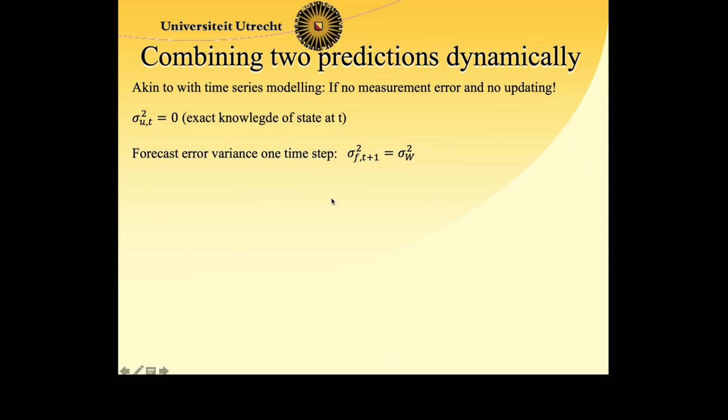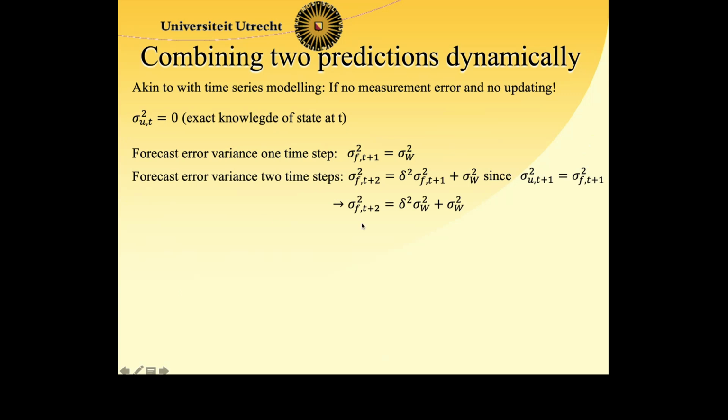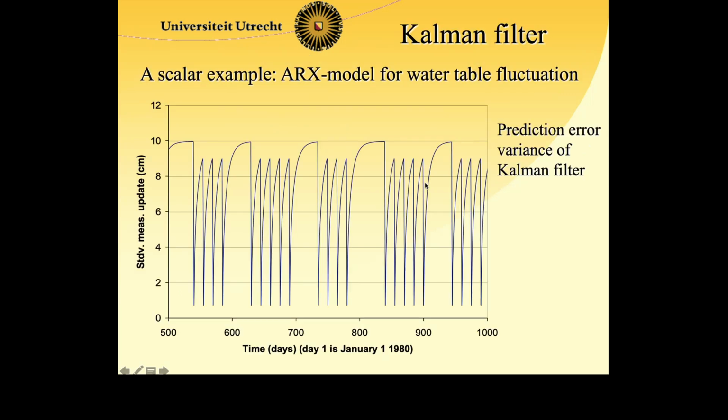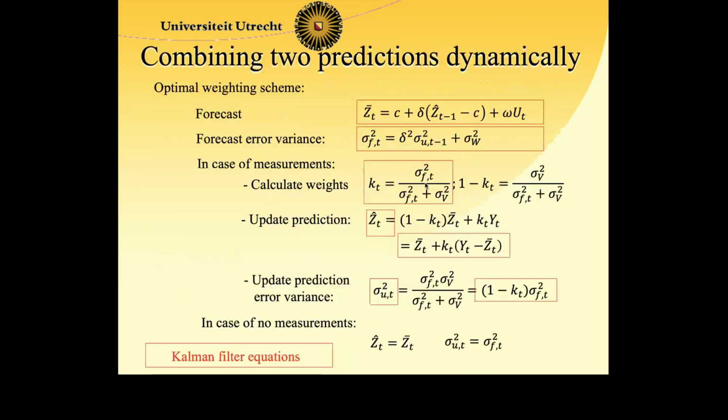Then two steps ahead, we don't do any update and we do another step ahead. Yeah. Then applying that equation, sigma squared f,t+2 would be delta squared sigma squared f,t+1 plus sigma_w squared, another one. But of course, since we're not doing any time update, as we see in our equation originally, this one should be the variance of the update.